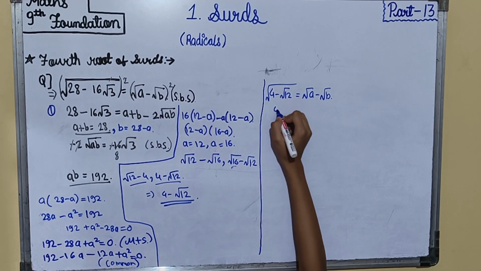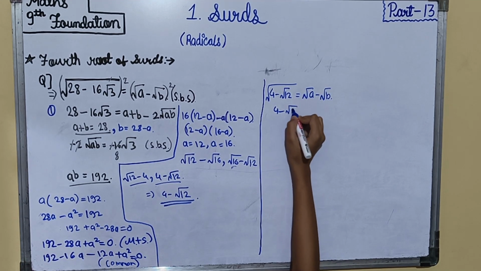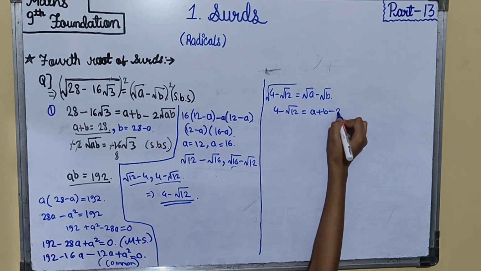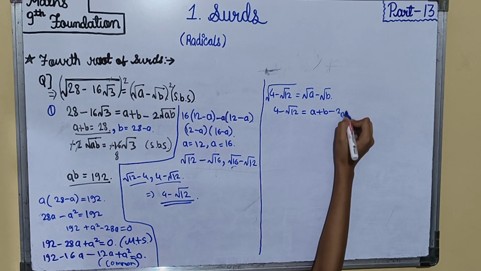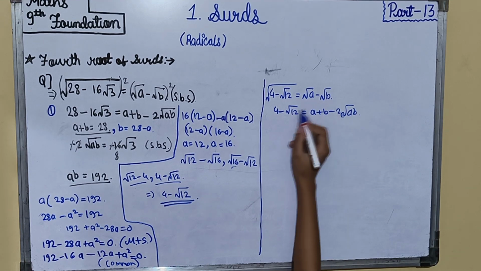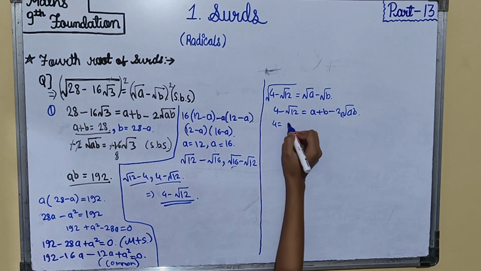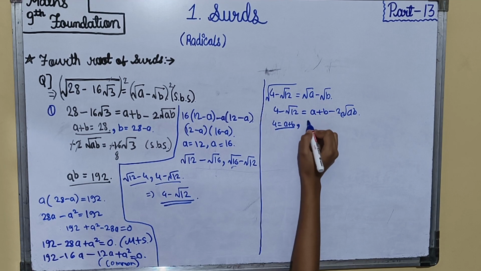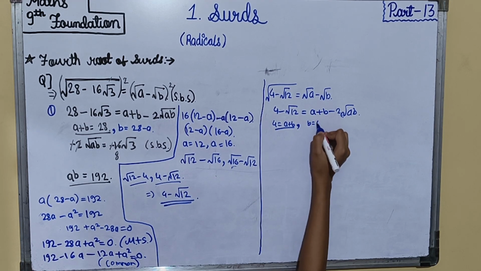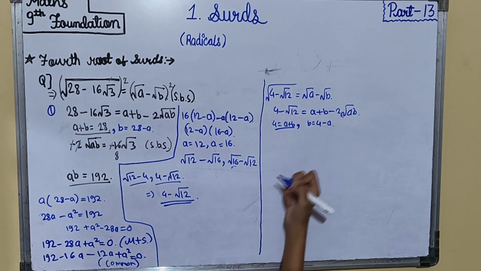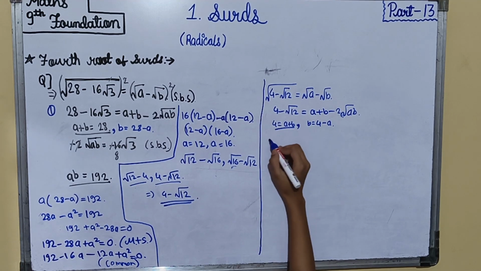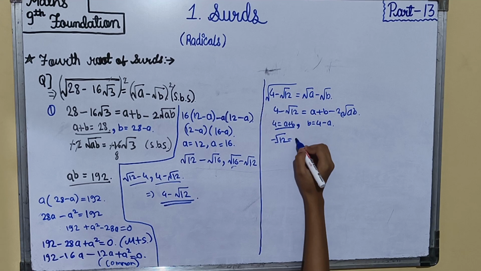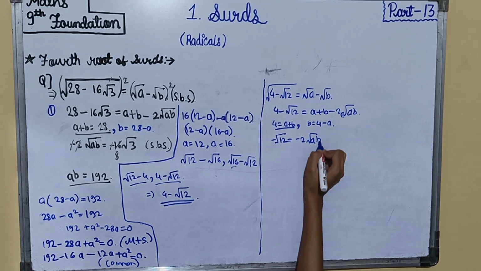We'll do squaring both sides, so we'll get 4 minus root 12 is equal to a plus b minus 2 root ab. 4 would be equal to a plus b. b would be equal to 4 minus a from this, and minus root 12 would be equal to minus 2 root ab.